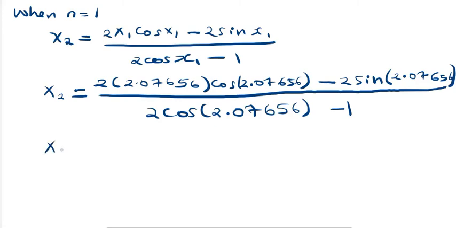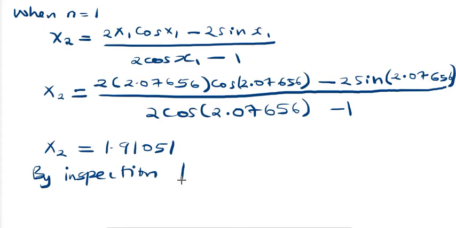Pressing our calculator, which is still in radians, we get x2 as 1.91051, 5 decimal places. By inspection, we also realize that the error x2 minus x1 is not less than 0.00005. So that means we have to continue to the next iteration.